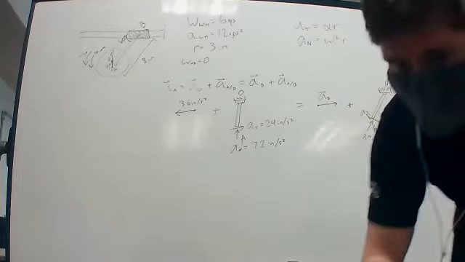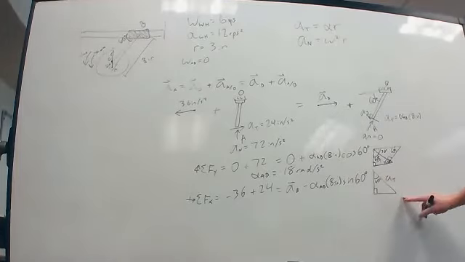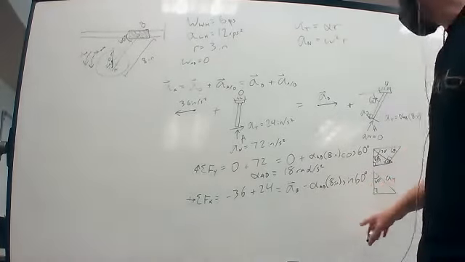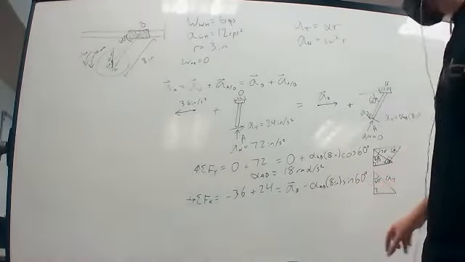So minus alpha AB times 8 inches times sine 60 degrees, sine coming from here to give us the opposite horizontal component. Alpha AB is known, and therefore we can solve for AB and say that AB is equal to 113 meters per second squared.